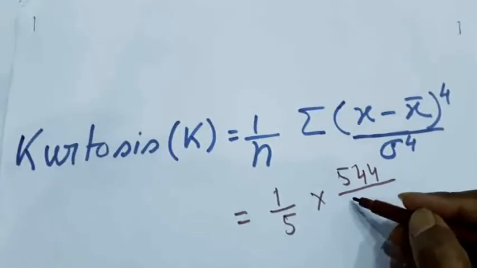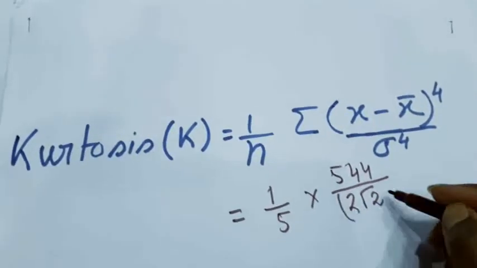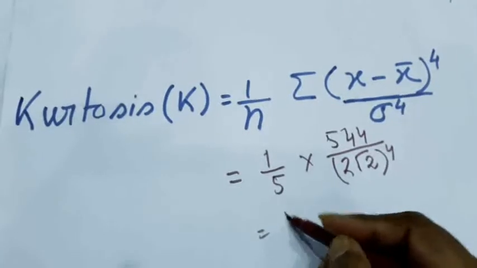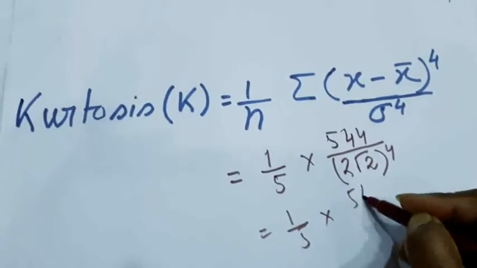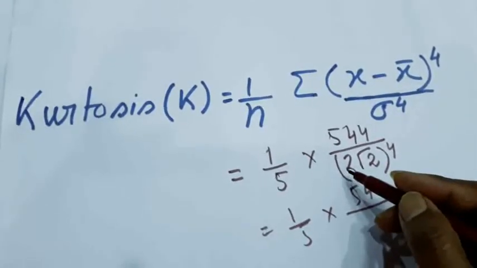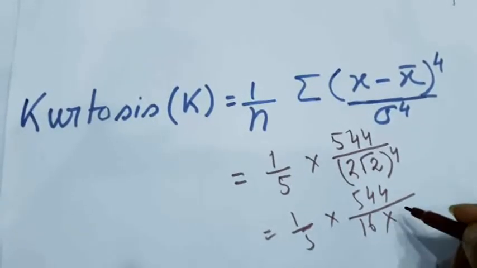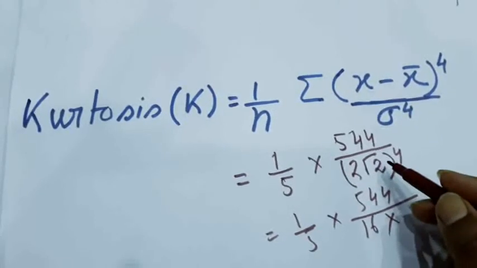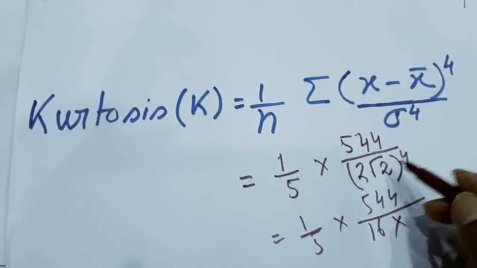Sigma was 2 root 2 to the power 4. Okay, 1 by 5 into 544 divided by 2 root 2 to the power 4 is 16 into root 2 into root 2, 2, 2 into 2, 4.